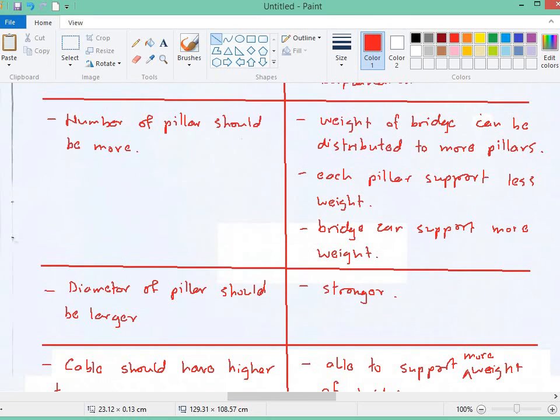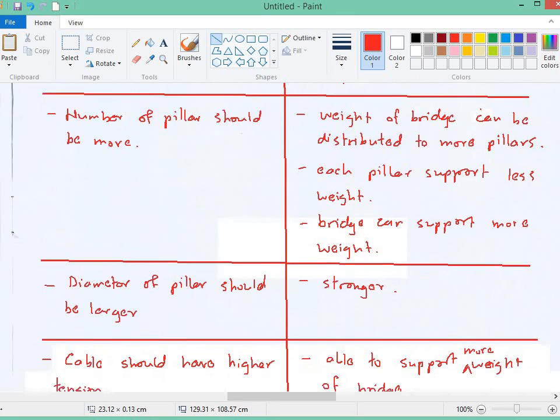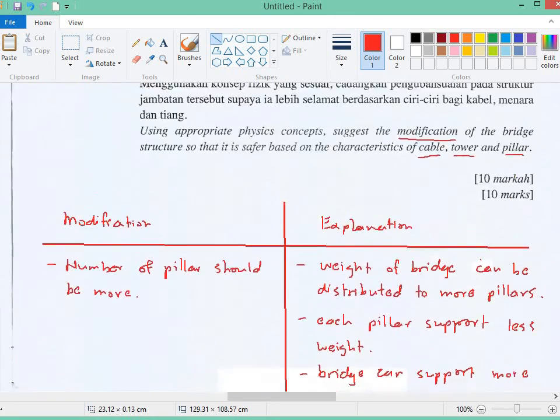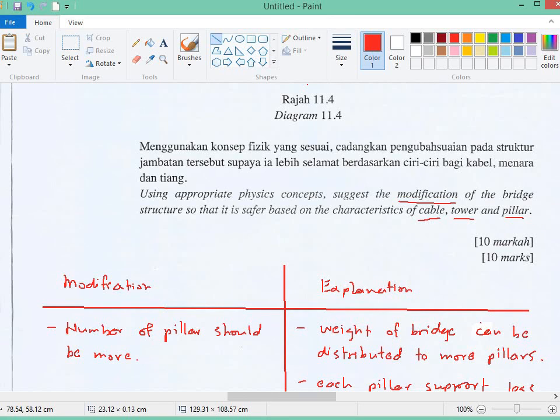So for this kind of question, it is encouraged to write more. That means don't just write 5 only. You see, 10 marks means 5 modifications, 5 explanations. But it is always better to write more, with only one condition: don't contradict. For example, the first one you say the number of pillars should be more, and then another one you say the number of pillars should be less.